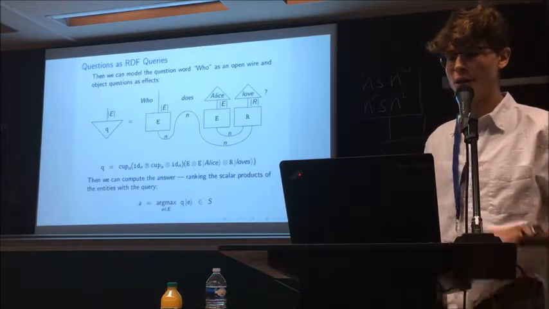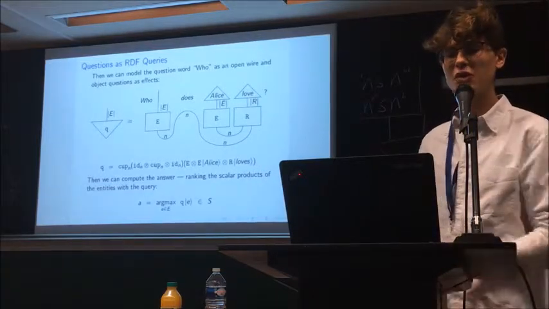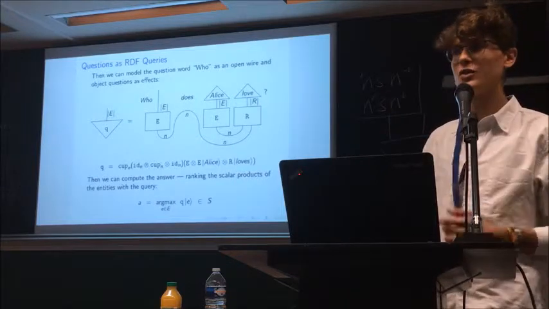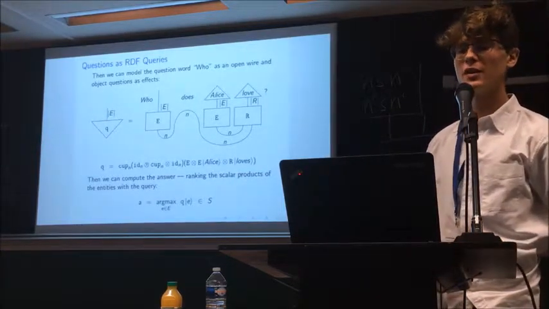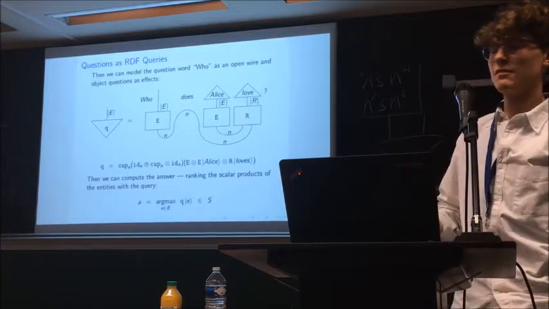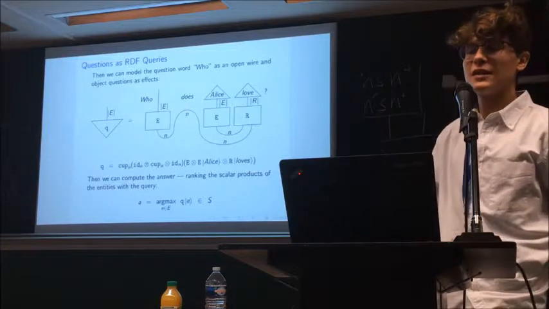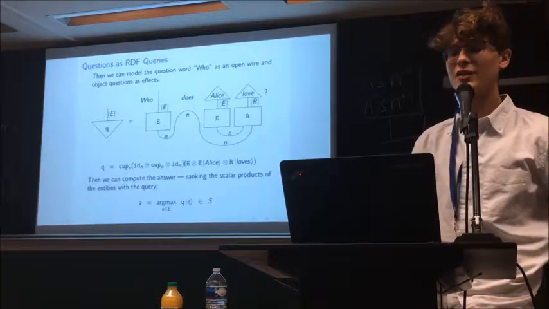So now, modeling yes-no questions will prove to be pretty hard because you need a good model for the word not, which seems to be pretty elusive. So we focused on object questions instead. The set of answers for an object question is going to be the set of entities for which the corresponding sentence is true.